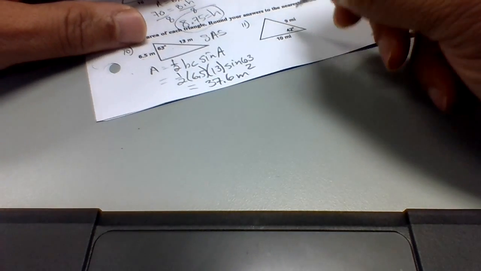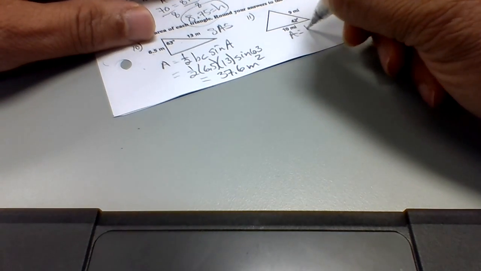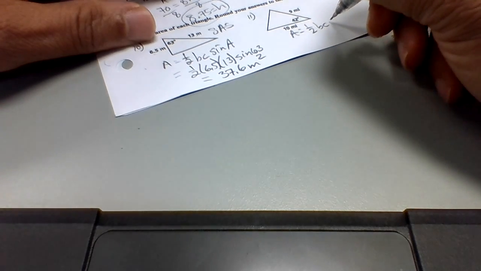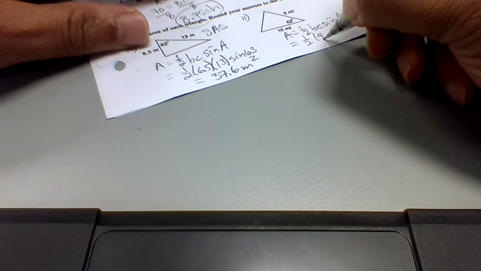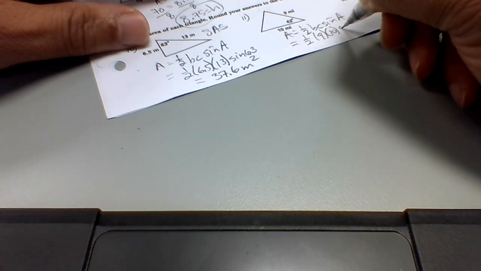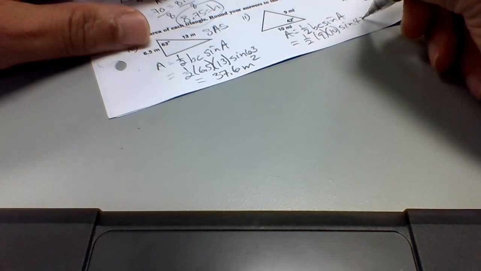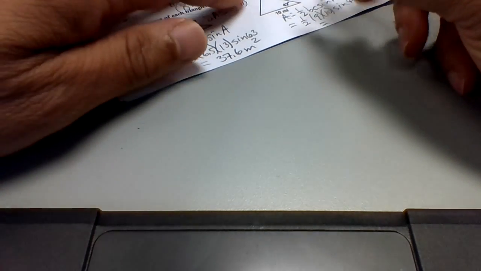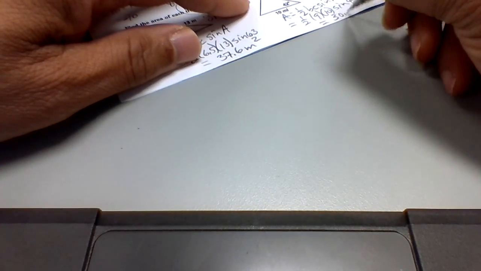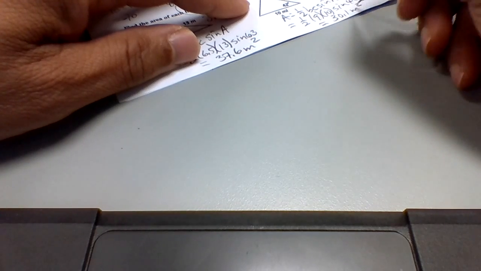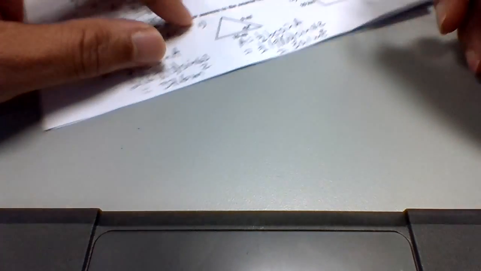Same thing here. Area equals 1/2 BC sine of A. And so this will give me 1/2. One side is 9, the other side is 10, and the angle is 42. And so that'll give me 30.1 miles squared.